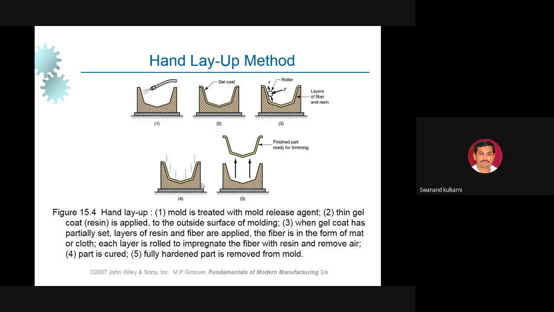Once we apply the roller on this surface, the reinforcement material will get embedded inside the matrix, and this will form this kind of shape here. So each layer is rolled to impregnate the fiber with resin, and air is removed here.